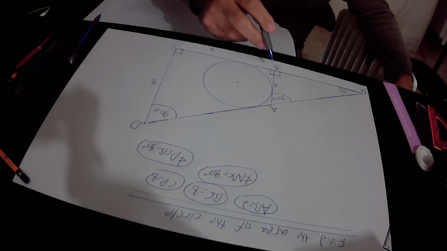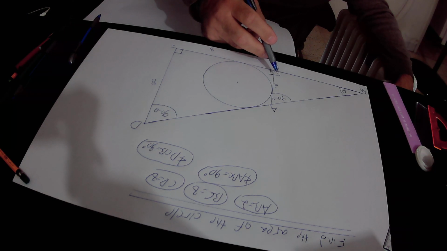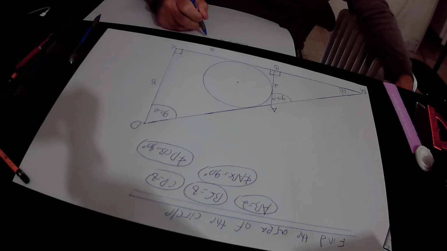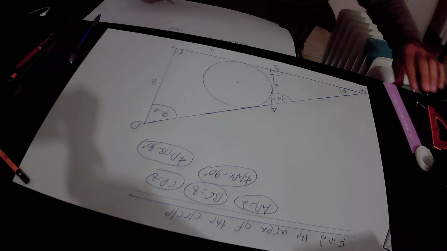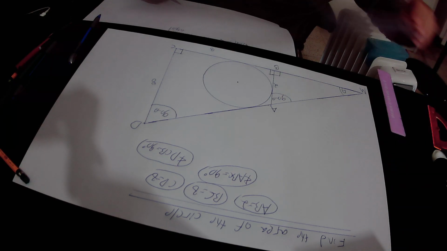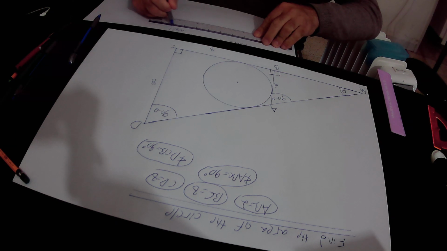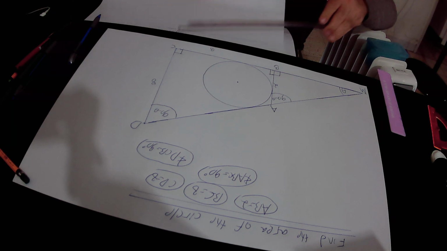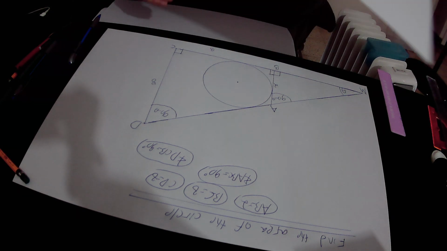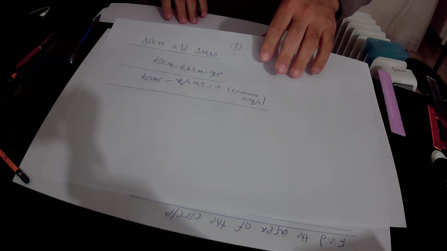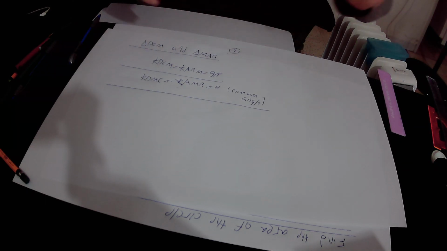Now, two different names for the same angle theta. So the meaning of this equation is that angle theta equals itself.